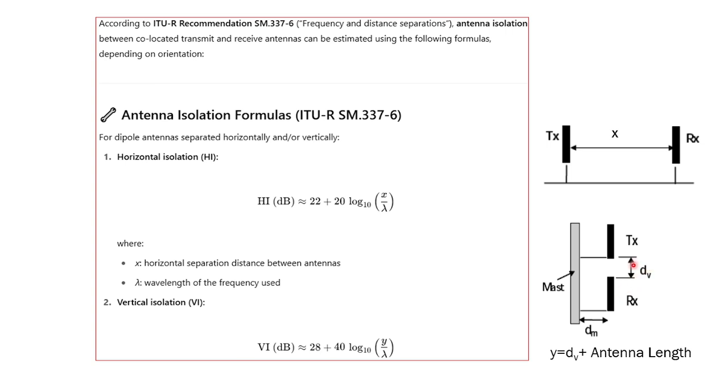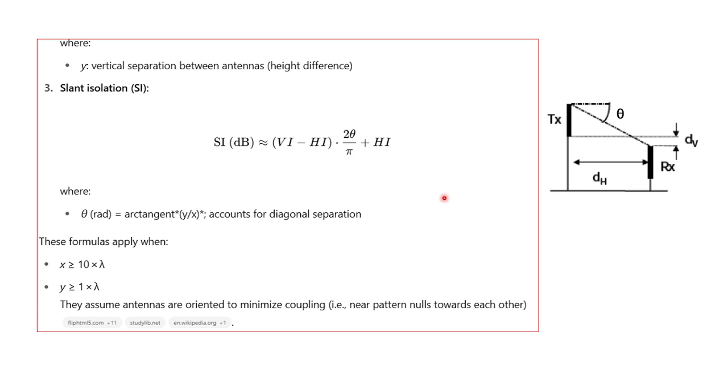If we put the separation from bottom to top as dV, then Y should be dV plus the antenna length. If the antenna is mounted slanted, then the slant isolation is calculated with this formula, related to vertical isolation and horizontal isolation.